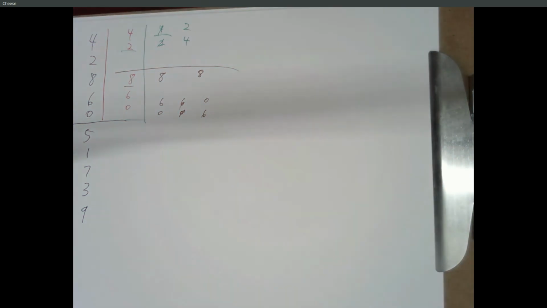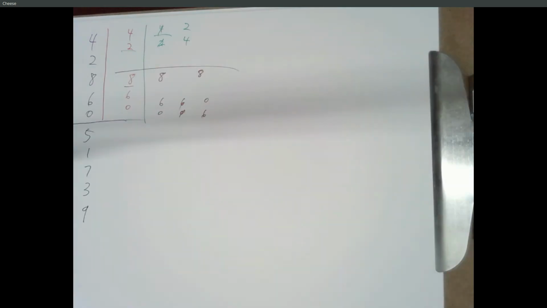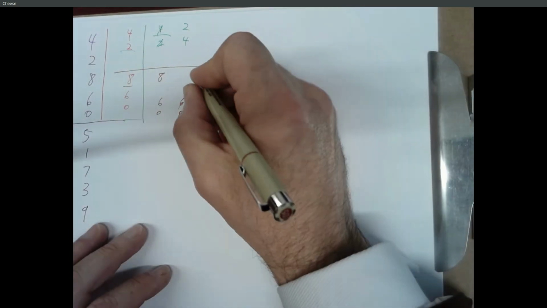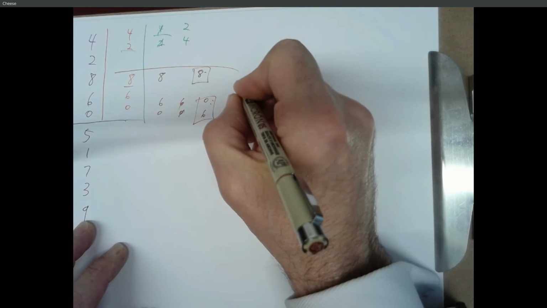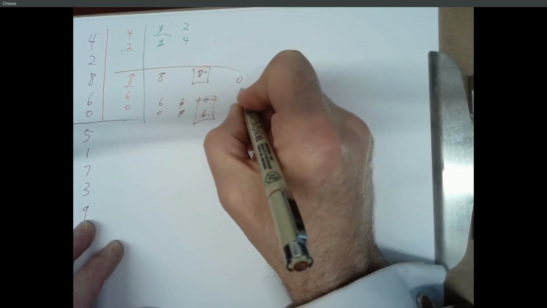Okay, what's our algorithm? Merge sort the first half, merge sort the second half, and then interleave. So now we have to interleave this with that. Look at the first element in each and pick the smallest, that's a 0. Now look at the first element in each and pick the smallest, that's a 6.